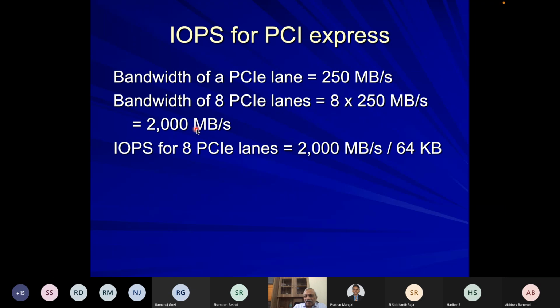So this throughput in megabytes per second can be transformed into the number of IO blocks transferred, which is 2000 MB per second divided by 64 kilobytes, or you get 31,250 IO operations per second for 8 PCI lanes.